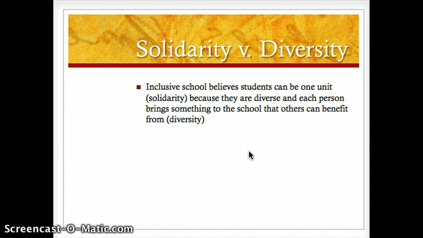In this inclusive school system, it believes that students can be one unit because they are diverse, and each person brings in something unique that can benefit everyone in that community, hence the diversity.